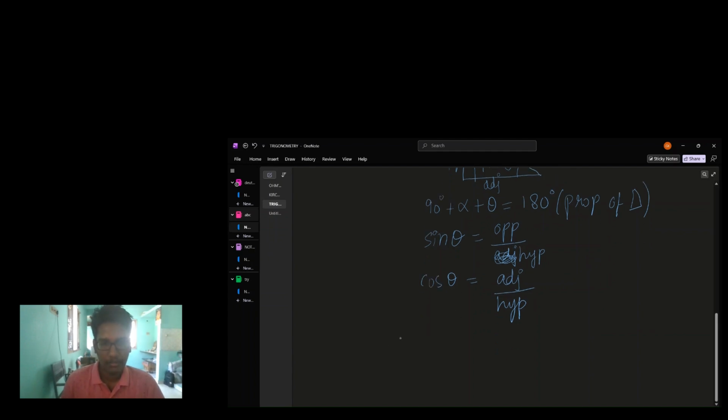Tan theta is equal to opposite by adjacent, which can also be written as sin theta divided by cos theta. So here tan theta is the derived quantity, and sin and cos are the basic and fundamental ones.